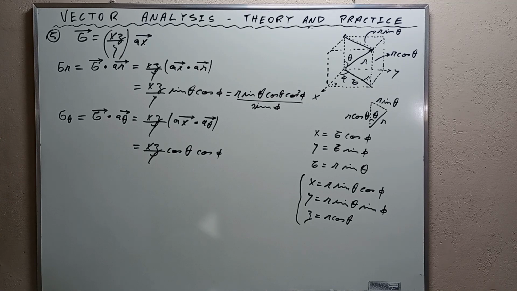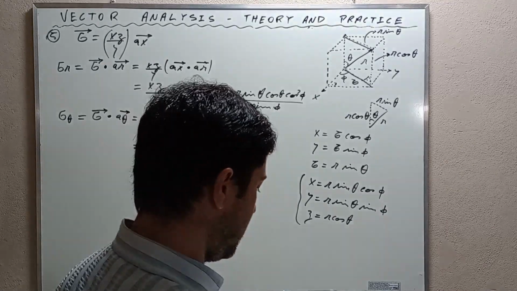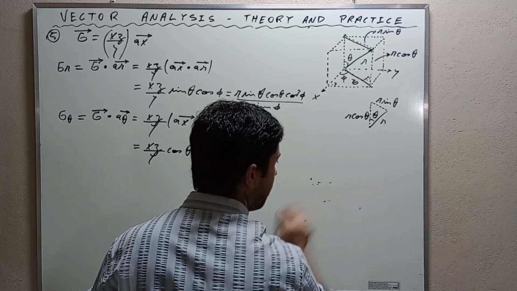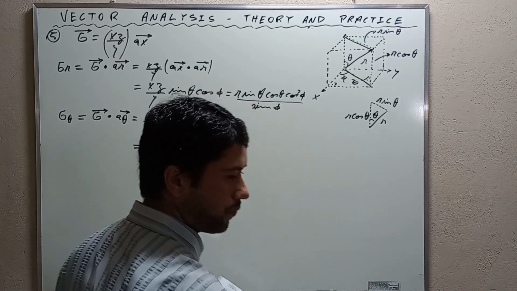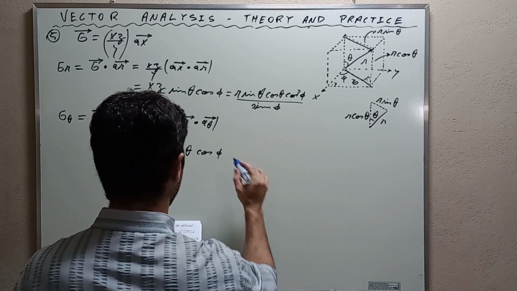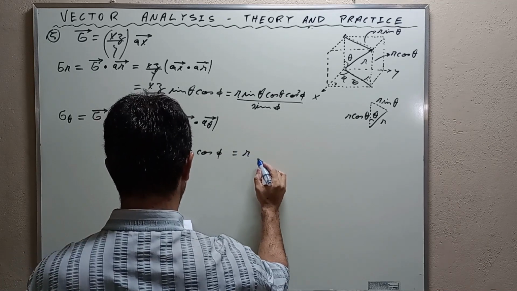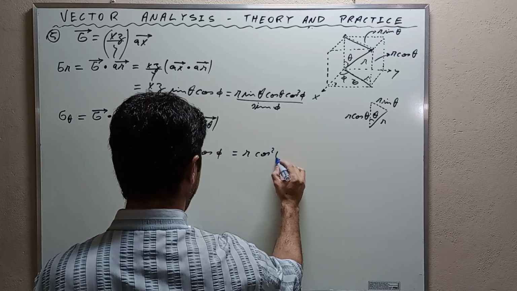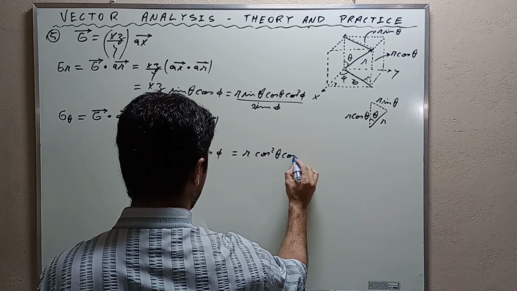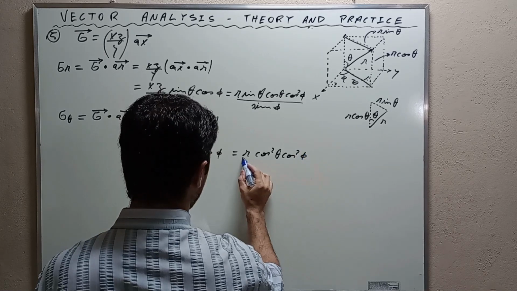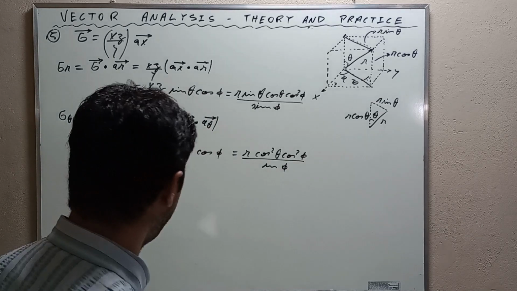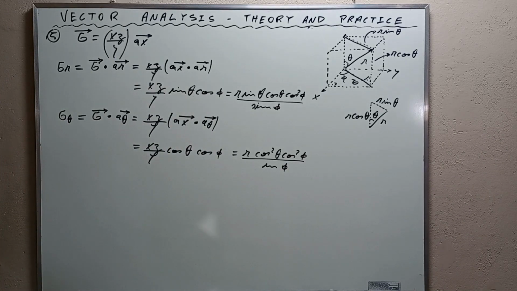And again, with a little bit more manipulation, we find that this is equal to r times cosine squared of theta, cosine squared of phi, divided by sine phi.